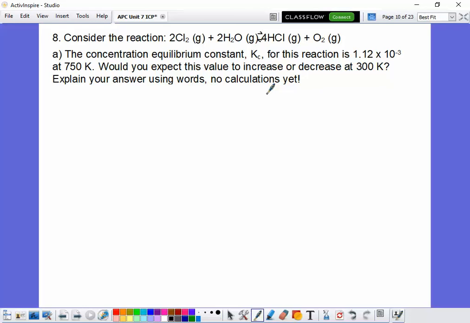Okay? So I'm going to tell you that delta H is a positive value. If delta H is positive, that means it's what type of reaction? It's an endothermic reaction.